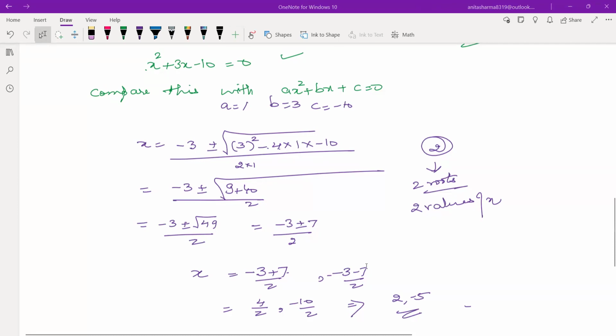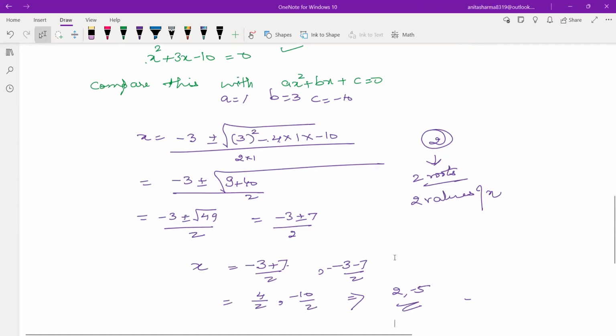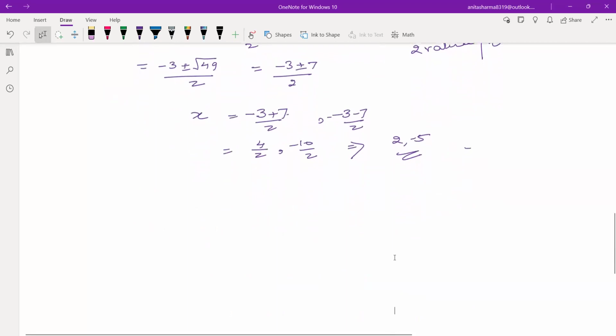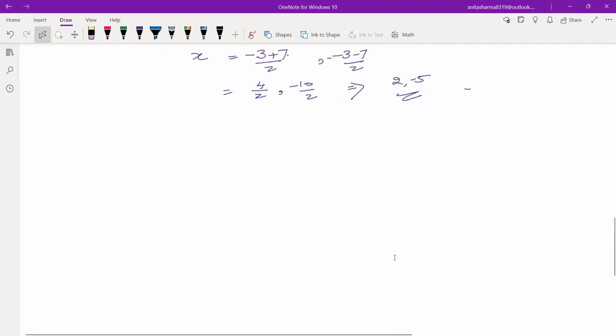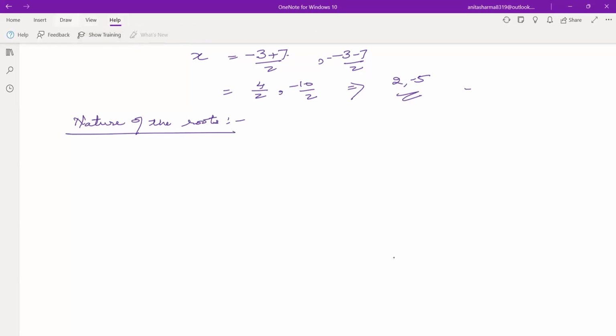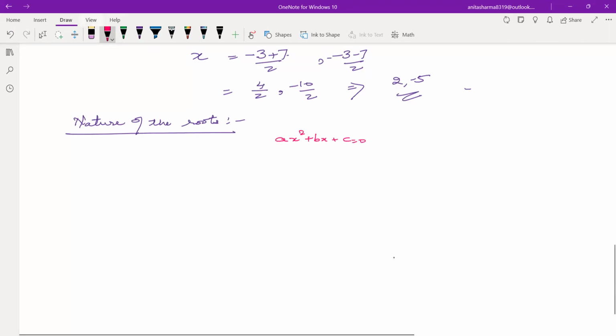Okay. Now see, beta, next is nature of the roots. Means roots will be same, roots will be different, or roots will be not real. So nature of the roots is the next topic. If you are given a quadratic equation, your general equation is ax square plus bx plus c is equal to 0.